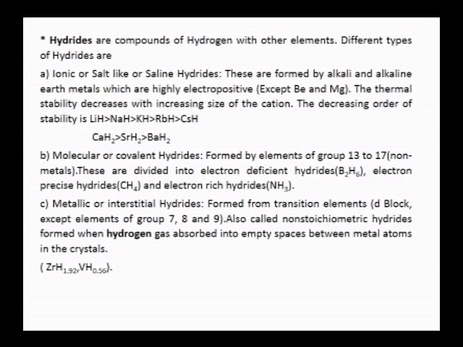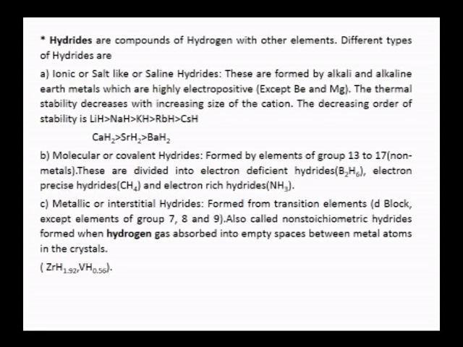And then you have metallic or interstitial hydrides. These are normally formed by the transition elements or the d block elements, except the elements of groups 7, 8 and 9. They are also called non-stoichiometric hydrides, and are formed when hydrogen gas is trapped into the cavities, or empty spaces between the metal atoms, in the transition metal crystals.